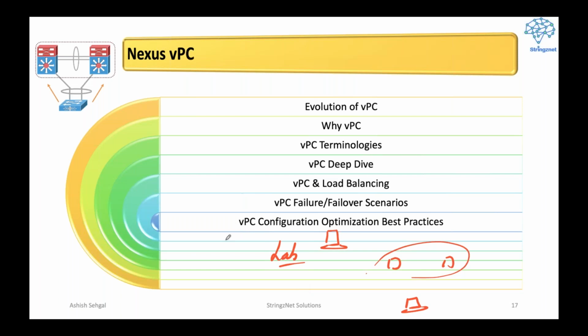We do perform this particular lab with HSRP protocol for the purpose of layer 3 connectivity. That is a beautiful lab, a very simple lab, and of course you are going to get a workbook for the particular lab as well.